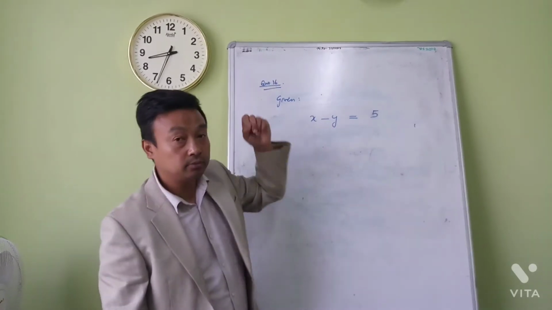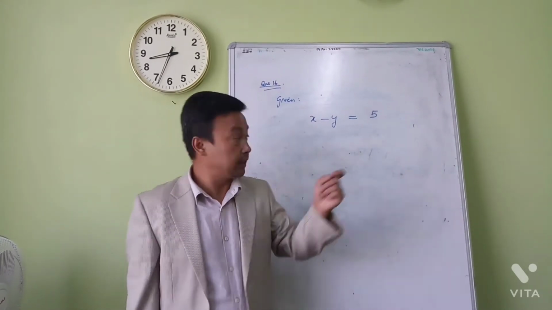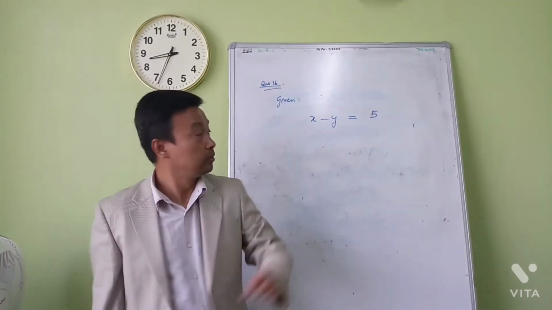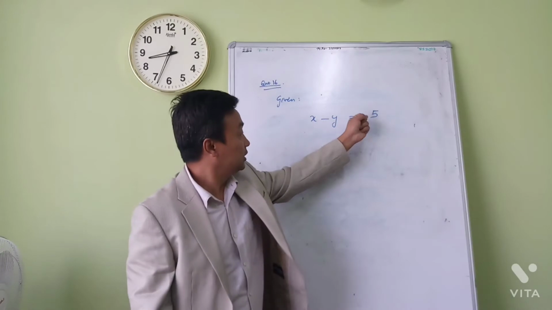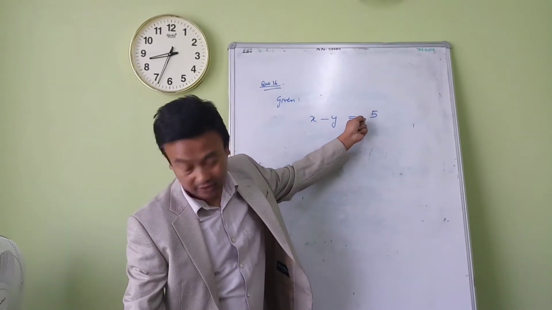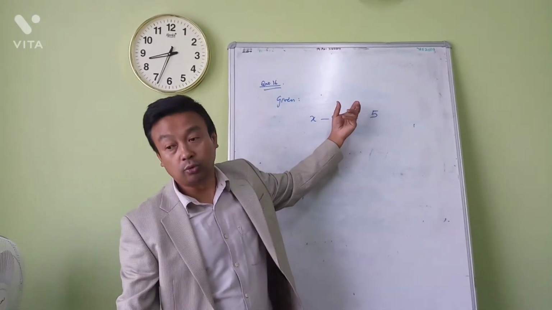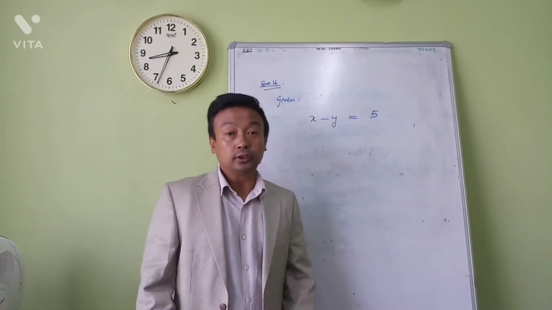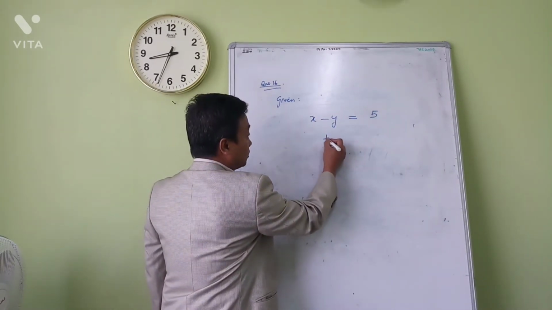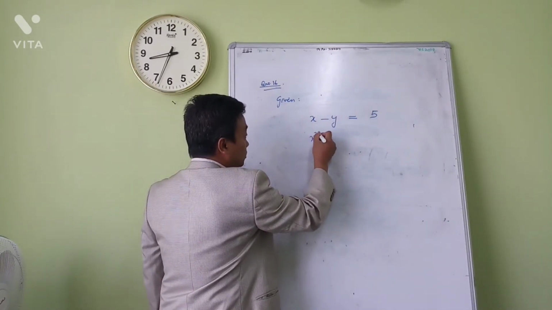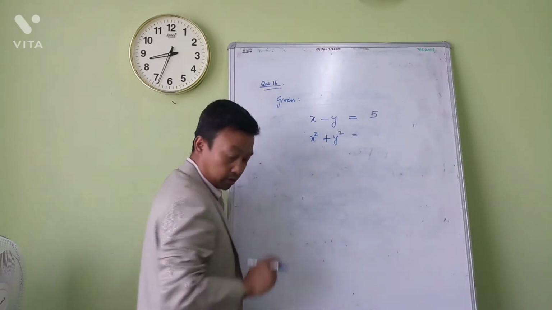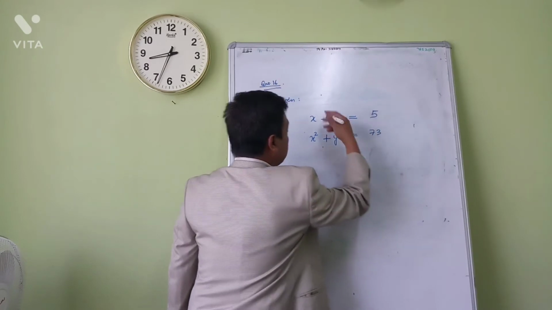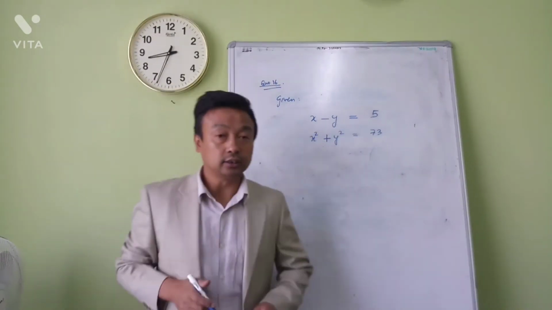In the language of mathematics, the difference is minus, between the two positive numbers x and y, and 'is' we change into equal to 5. Then the sum of the squares: sum, we know, is plus, of their squares, the positive numbers. The sum of their squares is equal to 73.